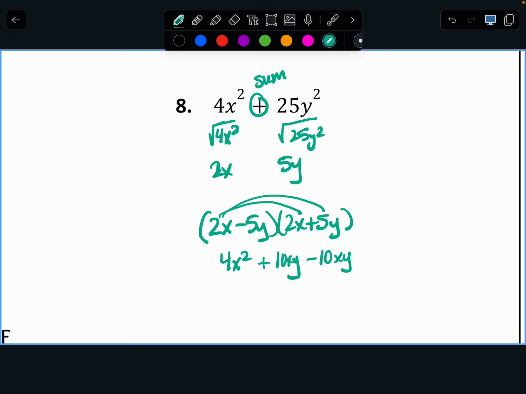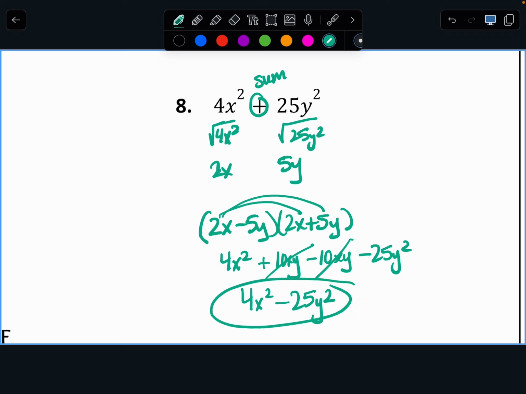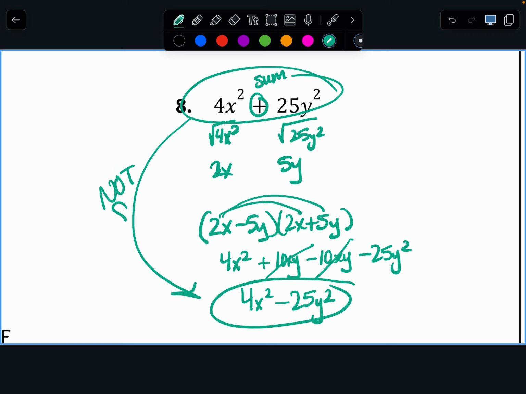These cancel, so I have 4x squared minus 25y squared. These two things are not the same. Because it's a sum, it's not factorable.